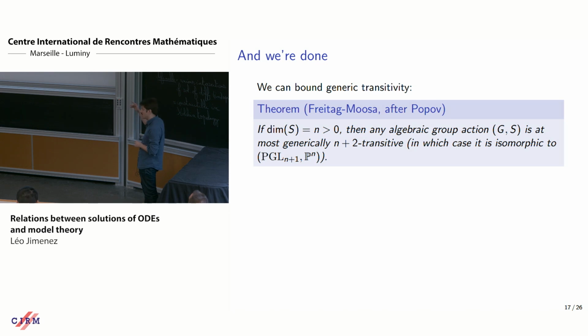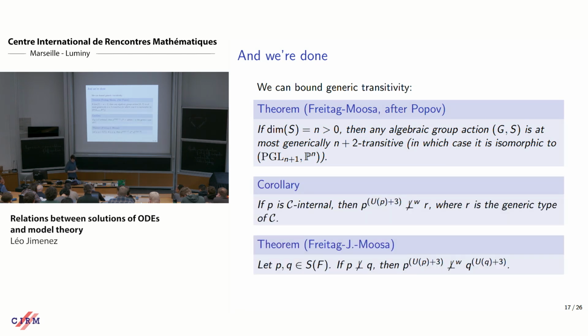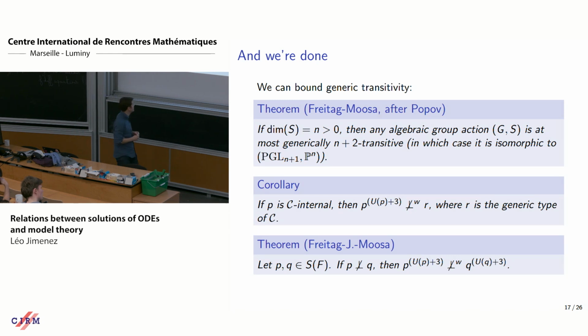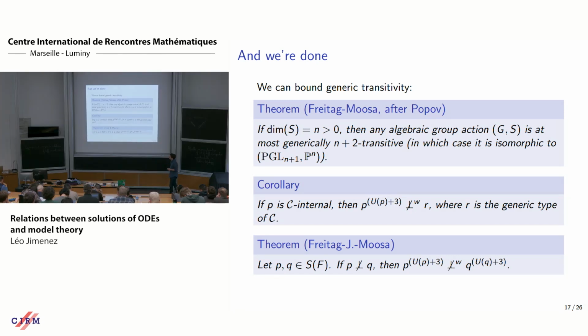And in that case, even more, I'm not going to use it here, but in that case, it's isomorphic to PGL n plus 1 acting on P n. So there is really a bound here, and we get the result straight away. After all of these reductions, we get the result. So the corollary is that if P is C-internal, then P to the U of P plus 3 is not weakly orthogonal to the generic type of the constants.